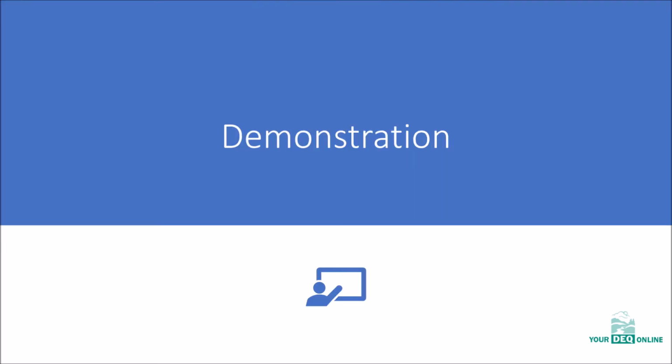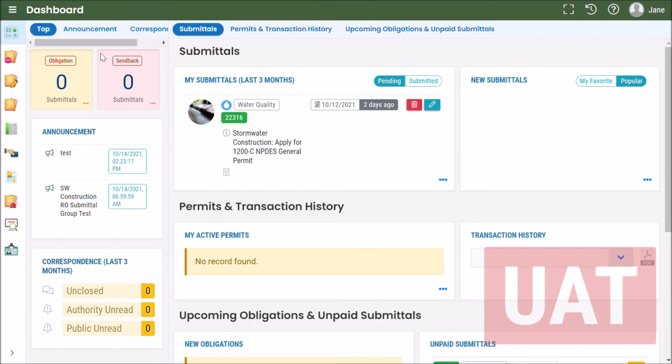Let's go over to the test site now, and I'll show you what this will look like in the system. So here I am on my dashboard. I'm logged in to a responsible official or RO account, and to add permissions and to link facilities and submittal groups, I will have to go to my account.